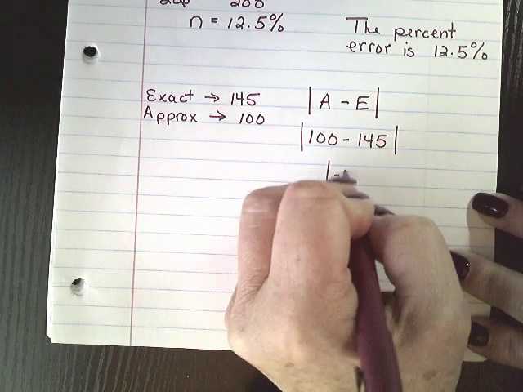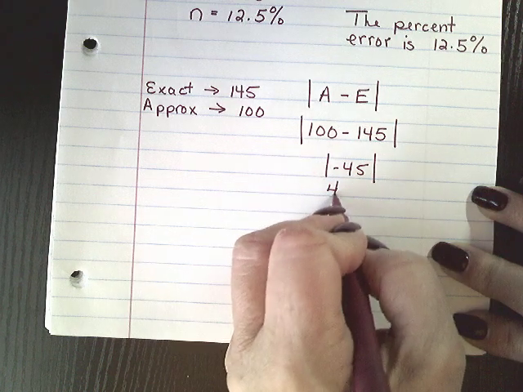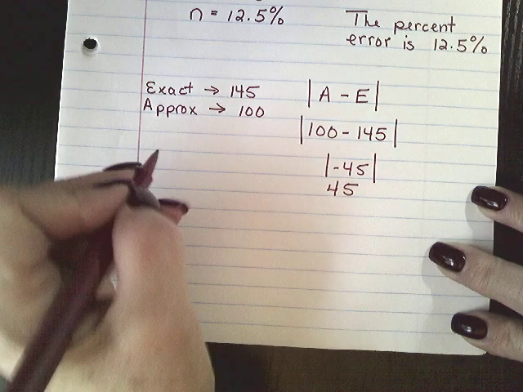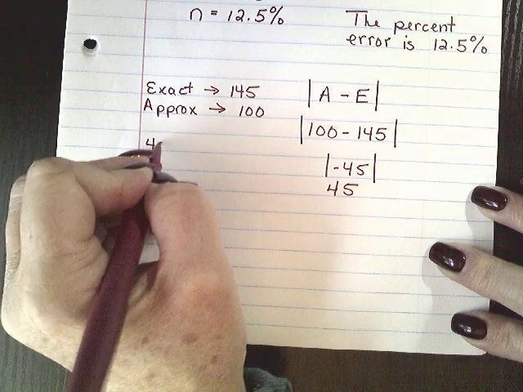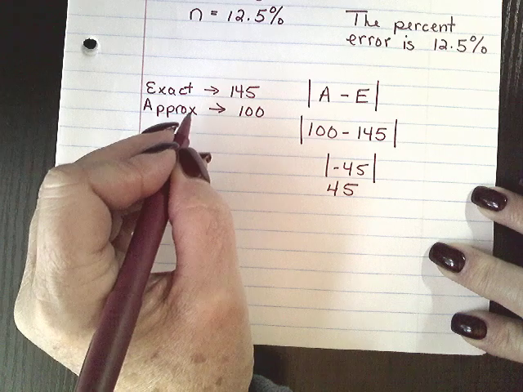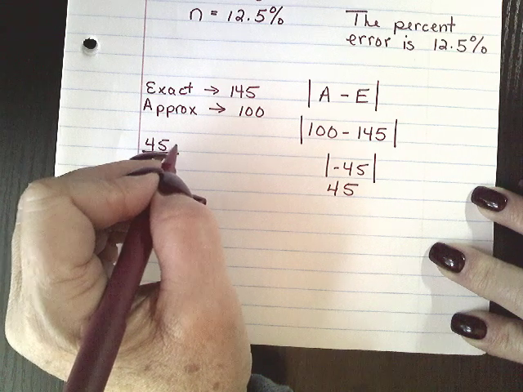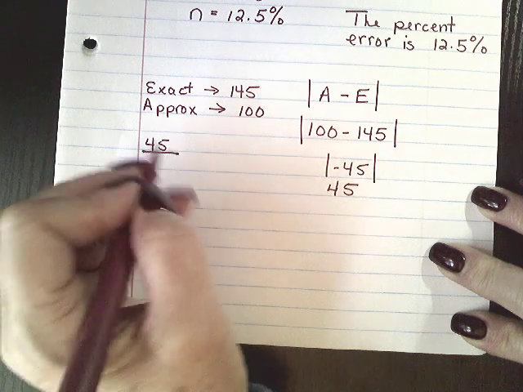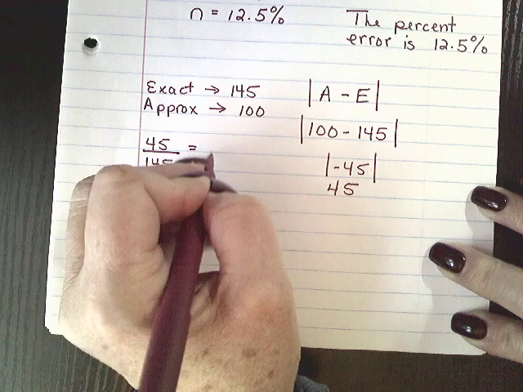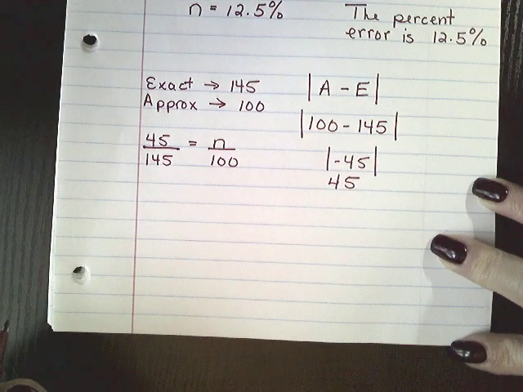That's going to give me a negative 45, and the absolute value of that is 45. So now I'm going to take 45 over my exact, which is going to be 145, and that's going to equal n over 100.